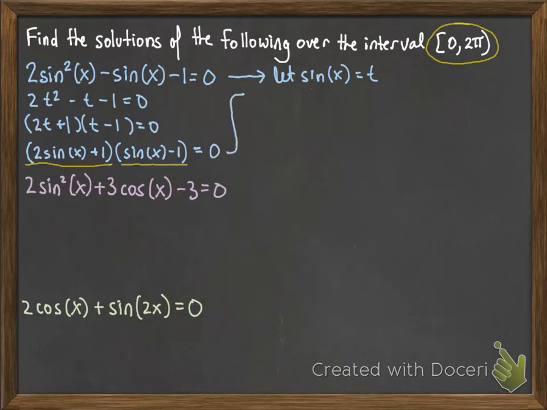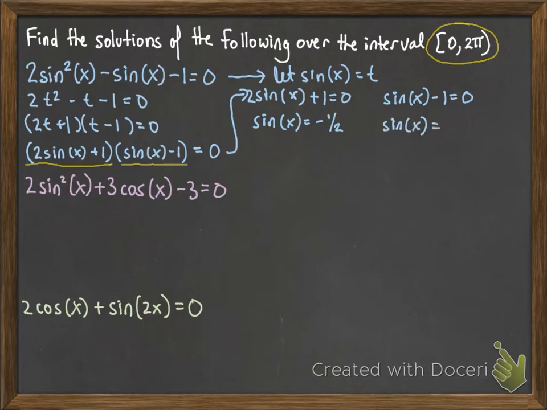So the first one is 2 sine x plus 1 equals 0, and then we have sine x minus 1 equals 0. We get sine all by itself, so sine x equals negative 1/2 after we subtract 1 and divide by 2, and sine x equals 1.